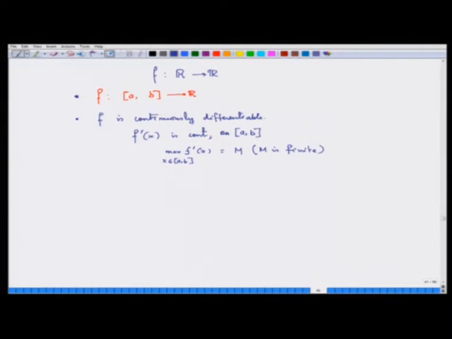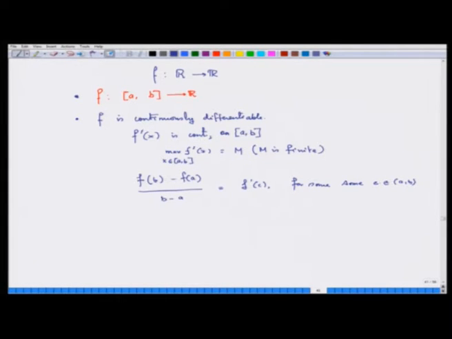So, what is the consequence of this now? The consequence is the following. Now, at the two endpoints I apply the mean value theorem to get the following: f b minus f a by b minus a is equal to f dash c for some c in a b.